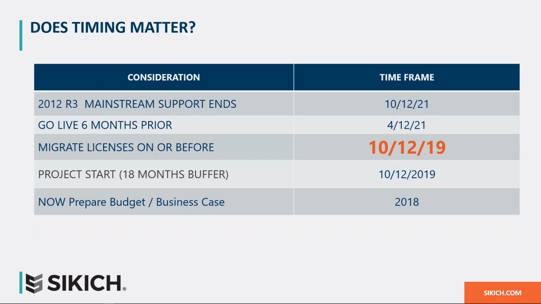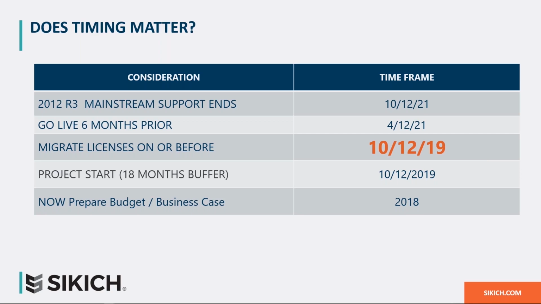All right, what's important about that? Actually, I'll just take a slice back for a minute. So why are we saying to migrate your licenses on or before 10/12/19? So currently, at time of recording, Microsoft have on offer a 40% discount on the subscription annuity for existing customers migrating from AX, NAV, and GP to Dynamics 365 F&O.